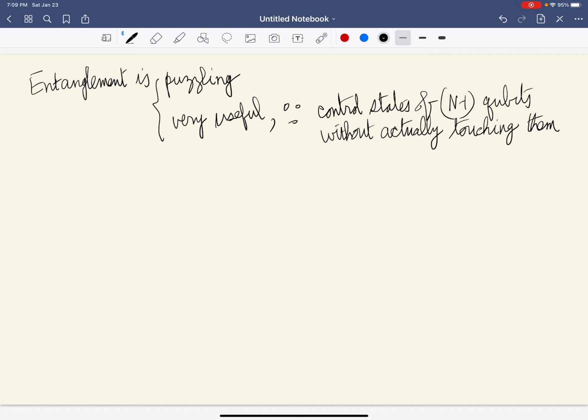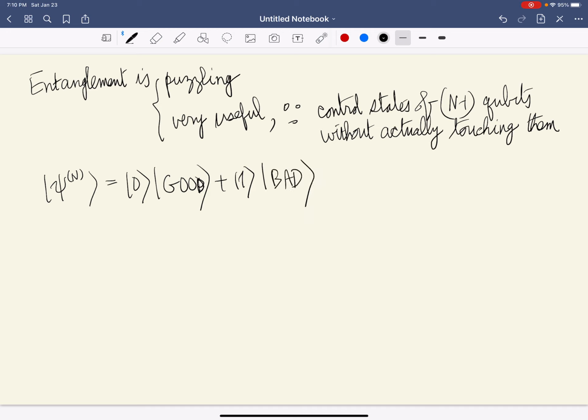So let me put it bluntly. If the n-qubit state is given in this fashion, good is the good state for the n minus 1 qubits, and bad is the bad state for the n minus 1 qubits. And you want to be certain that the n minus 1 qubits are thrown into the good state and stay away from the bad state.